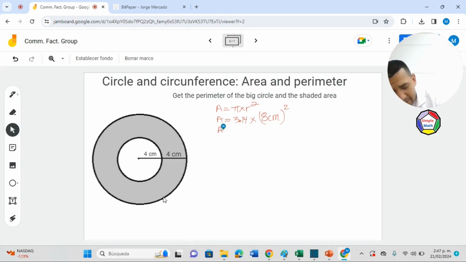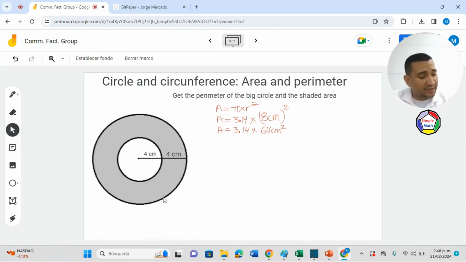So the area of this is 3.14 times 8 squared. How much is 8 squared? 8 squared is 64 centimeters squared. Now, how much is 3.14 times 64?